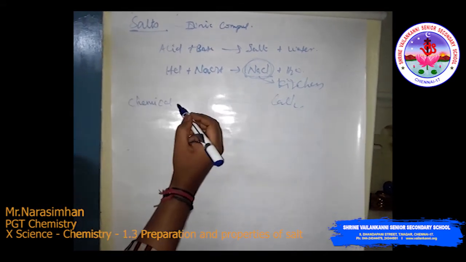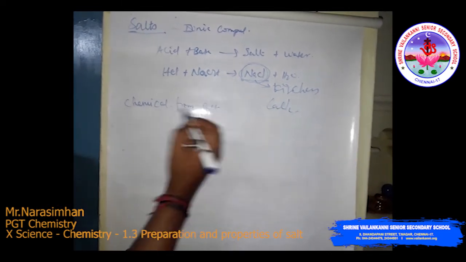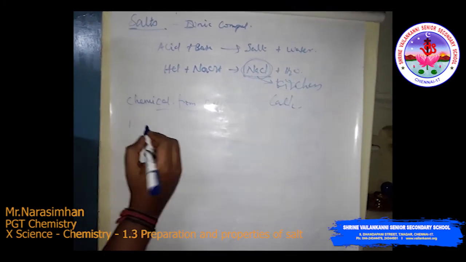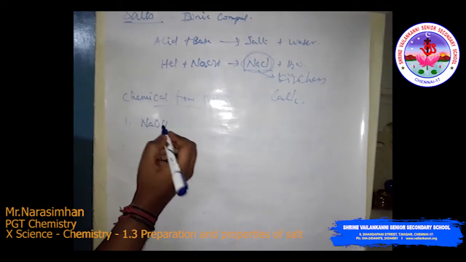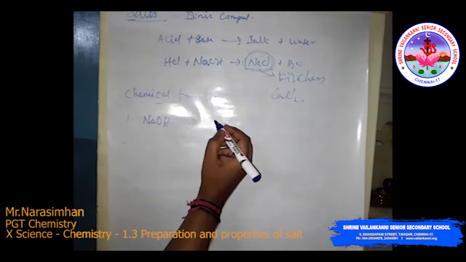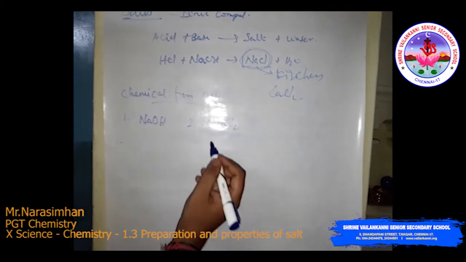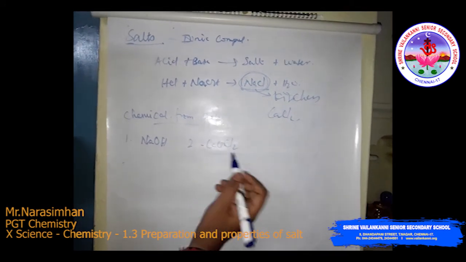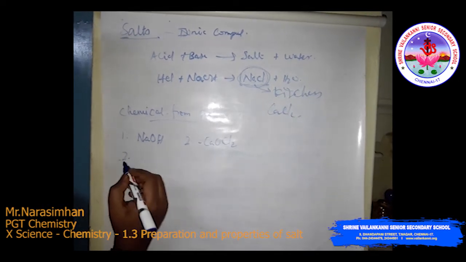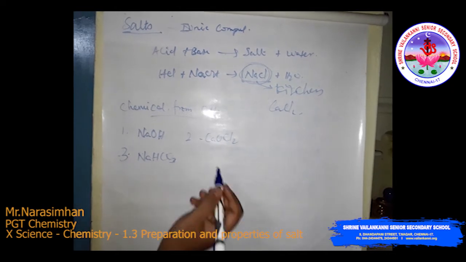Chemicals from salt, their preparation, we can see here. The first one is caustic soda, NaOH. The second one is CaOCl2, bleaching powder, or calcium oxychloride, calcium hypochlorite. Then sodium hydrogen carbonate, NaHCO3, or sodium bicarbonate, is baking soda.